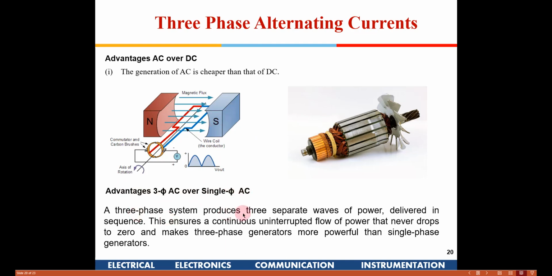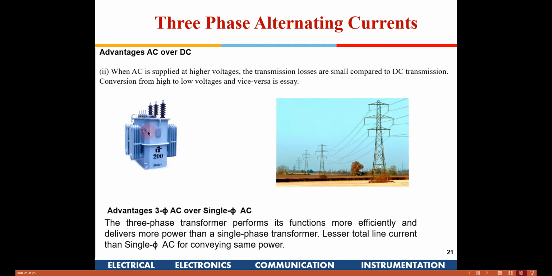Okay, so a 3-phase AC produces 3 separate waves of power delivered in sequence, thus ensuring a continuous uninterrupted flow of power. Okay, it never falls to 0, whereas here if you see, the output power falls to 0 in between. Whereas for a 3-phase, any one of the coils will always be producing some energy, whereas for a single phase the coil will produce 0 energy when it is totally aligned with the direction of the field. Okay, so that is the advantage of a 3-phase.